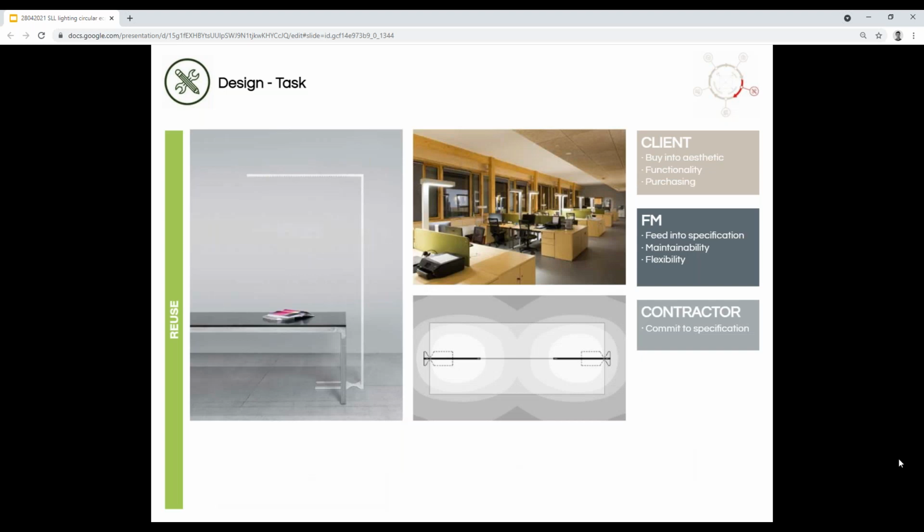And then there are design techniques that we can use, which again, the client needs to buy into and impose on the entire design team. We've been great advocates of removing lighting from the ceilings and making it task and floor-based, desk and floor-based, for a while.